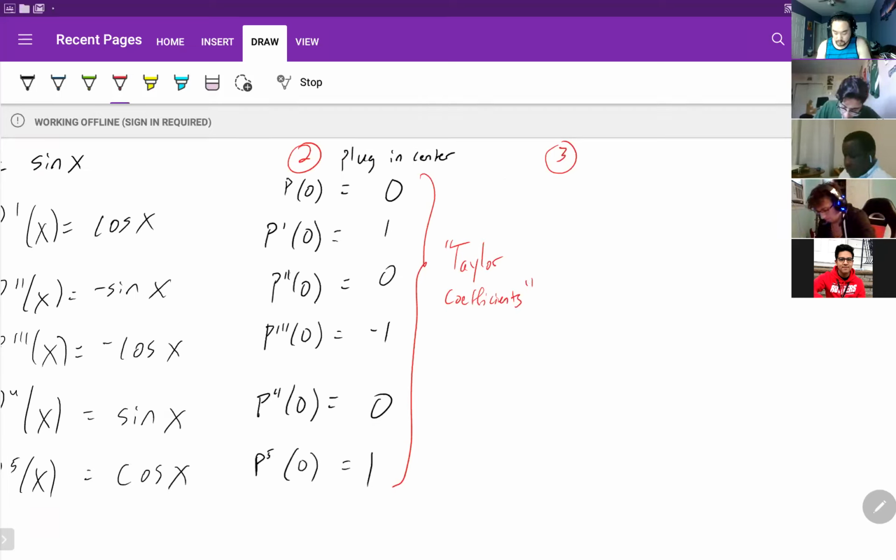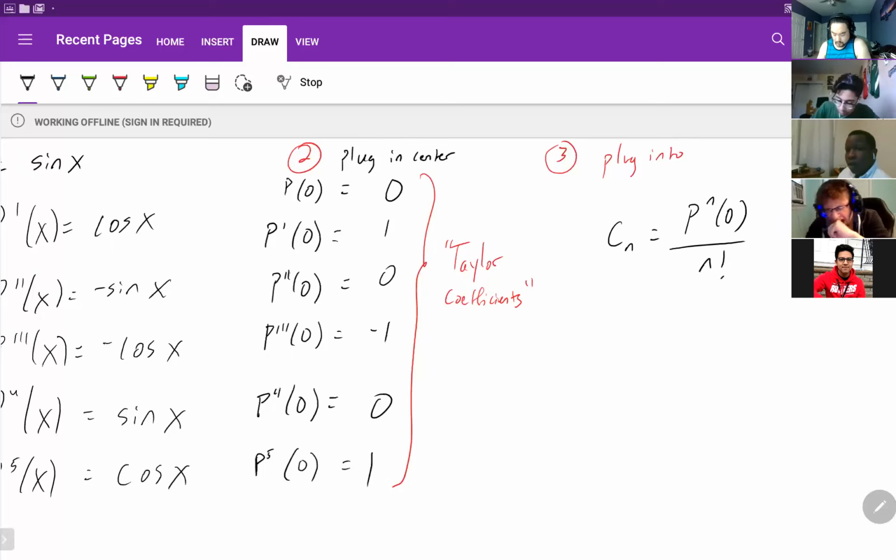Okay, so the third part is to plug into the formula. It was c sub n is equal to this thing over n factorial.